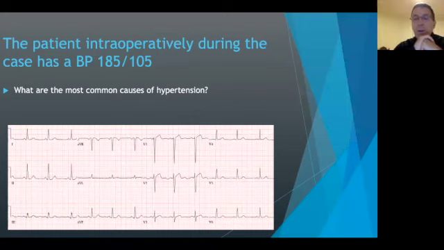So the most common cause of hypertension in the theater is related to pain, or it's related to sensation. They're awake and they're sensing something, but a lot of it is related to pain, and it could be that their pain has changed, and pain will cause you to get hypertensive. It'll cause you to get tachycardic.